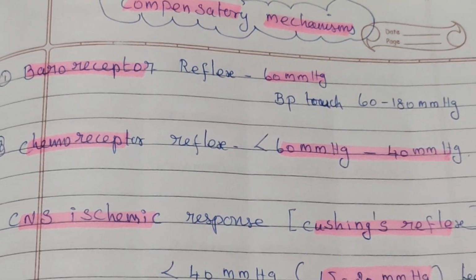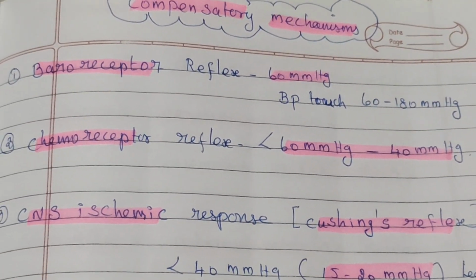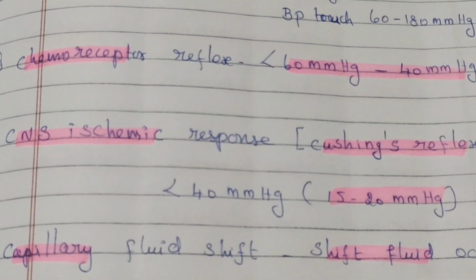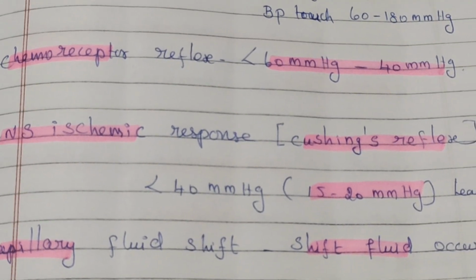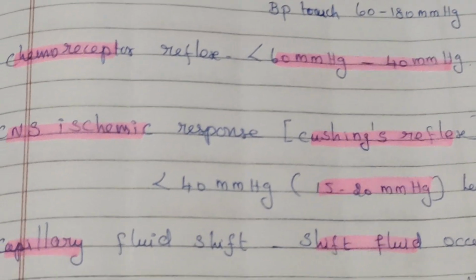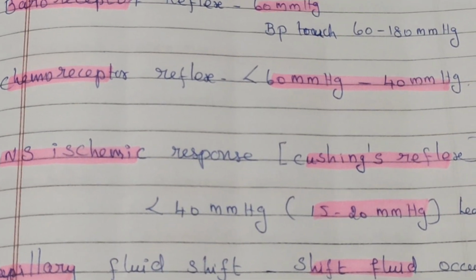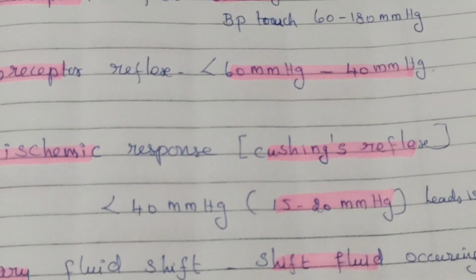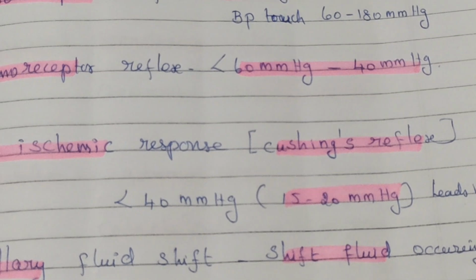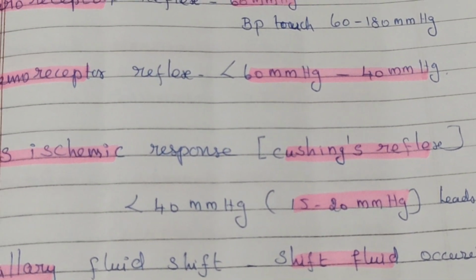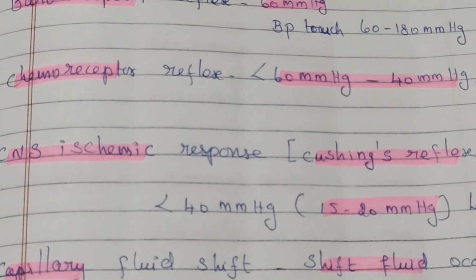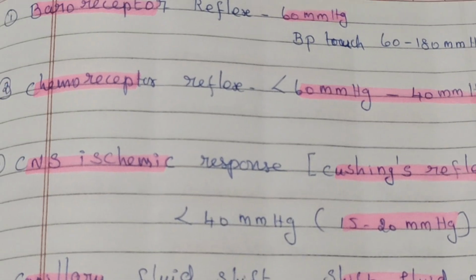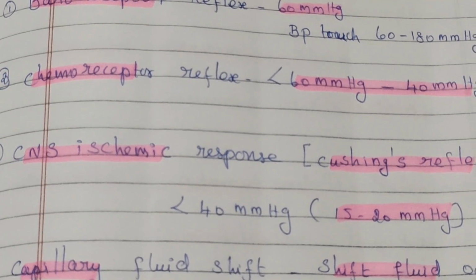It is the quickest compensatory mechanism. Second is the chemoreceptor reflex. When the blood pressure falls below 60 mm mercury down to 40 mm mercury, the chemoreceptors come into play.